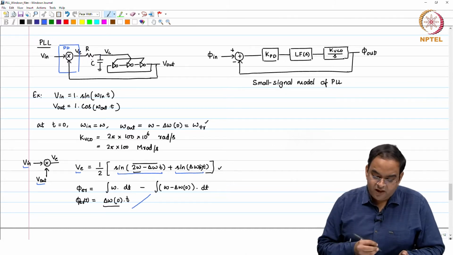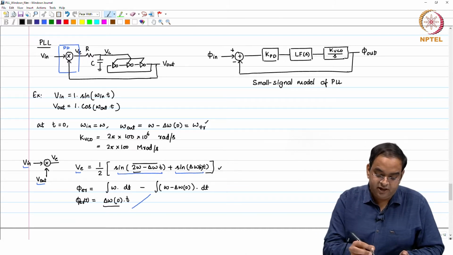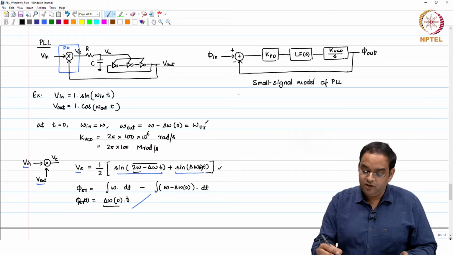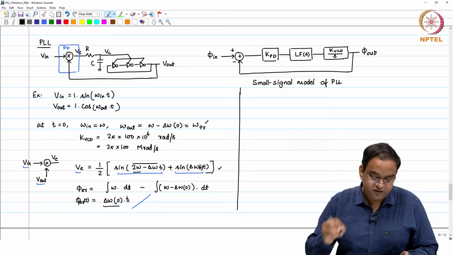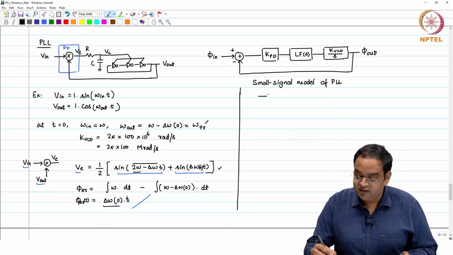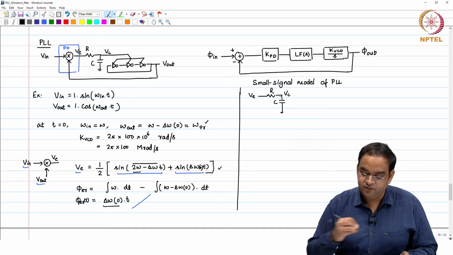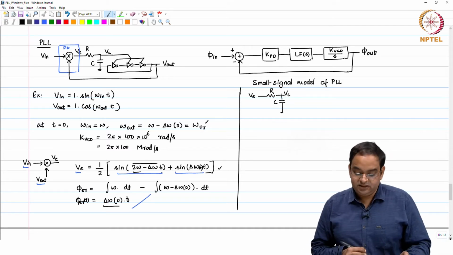Now, the control voltage which we have here is the filtered version of the error voltage. In this particular application, let us say I have this RC filter here, and for the RC filter this is V error and this is VC. Just treat this as standalone.